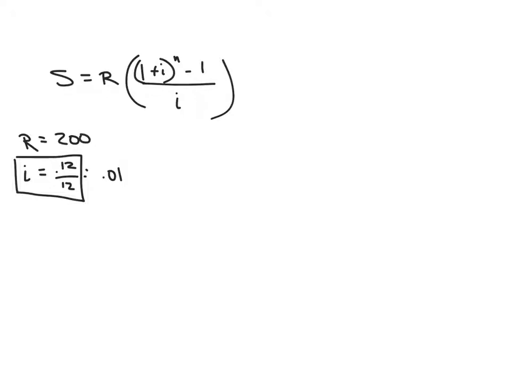Okay, so find the future value for every 4-month period. Okay, so that means this N right here is going to be 4, 8, 12, 16, 20, all the way up through 36. All right, you can use a calculator to figure this out, or you can do it by hand.